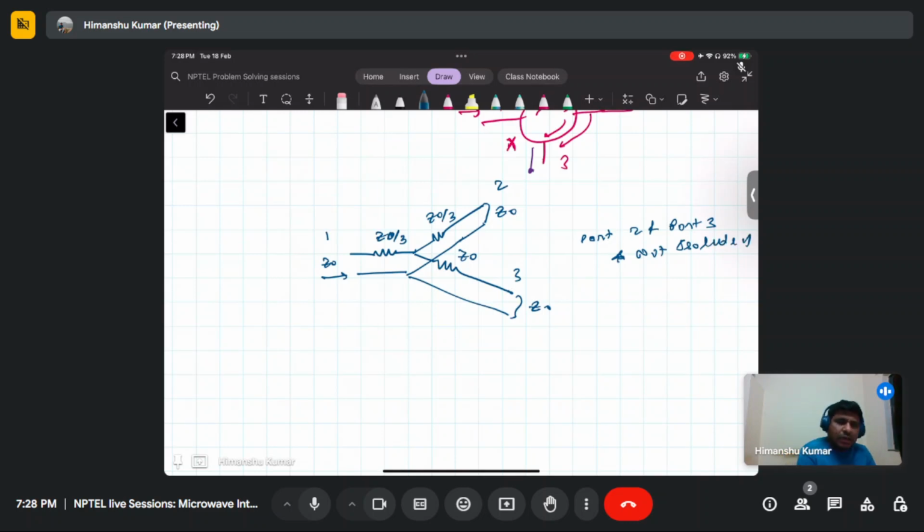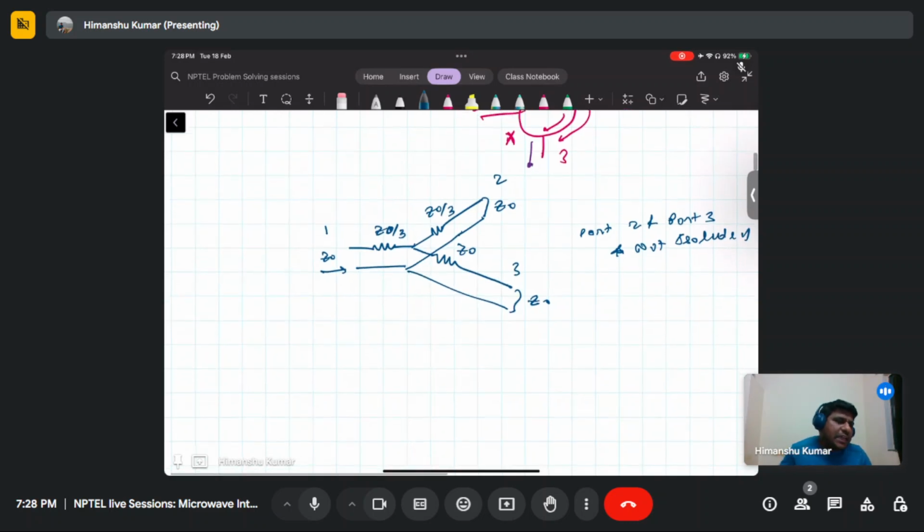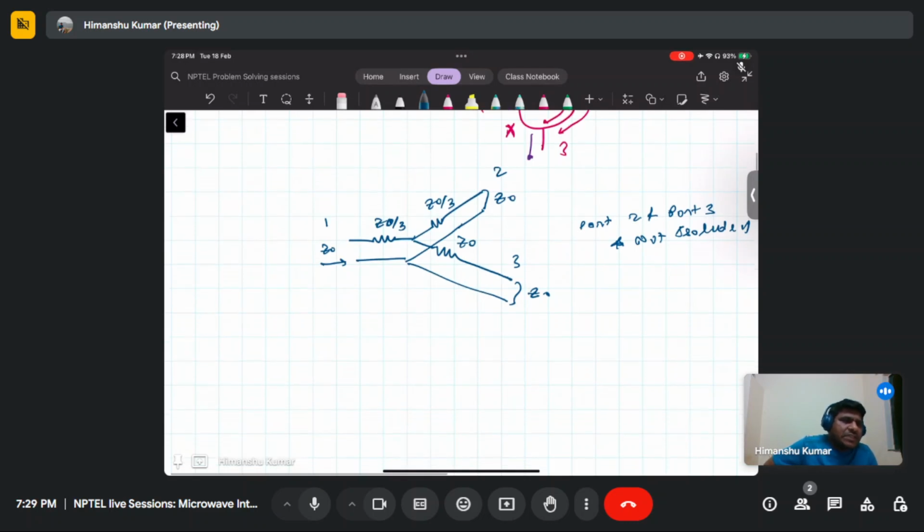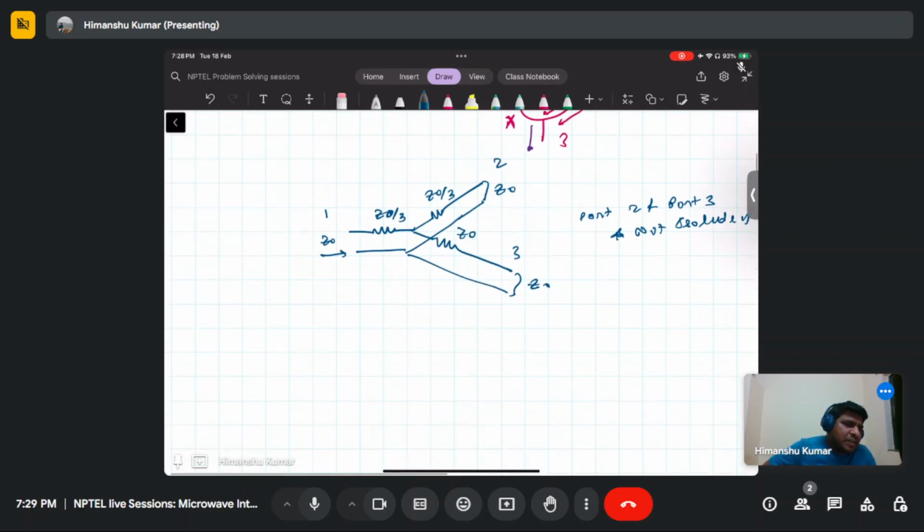So there is a different kind of power divider, the Wilkinson power divider. From port two to port three, destructive interference will take place, which isolates port 2 from port 3.